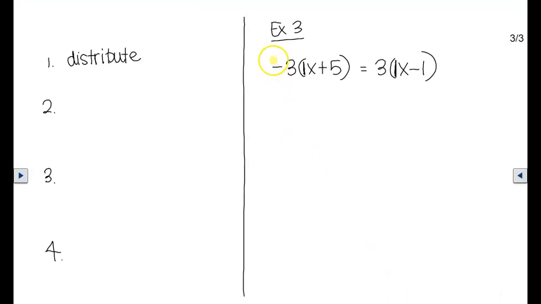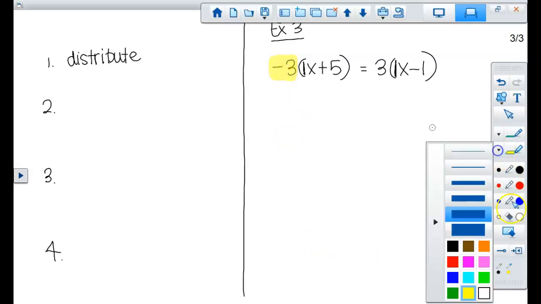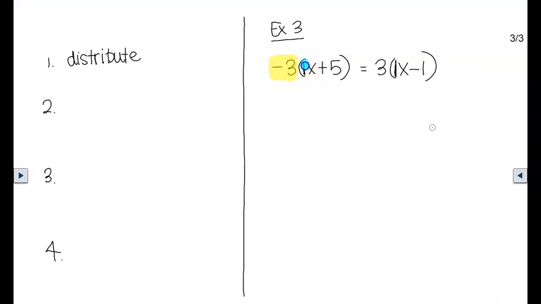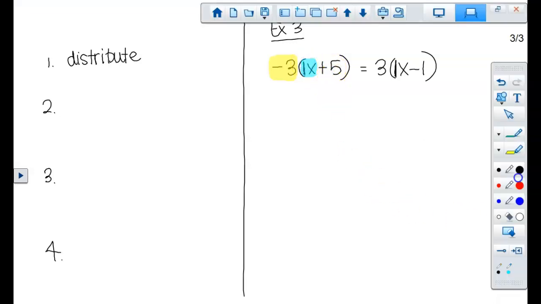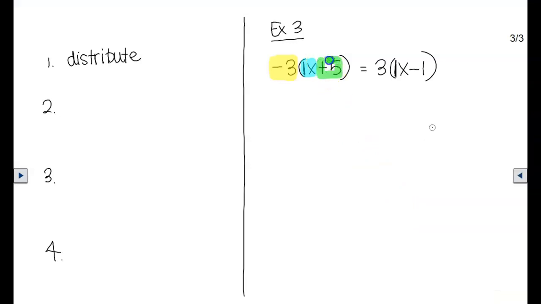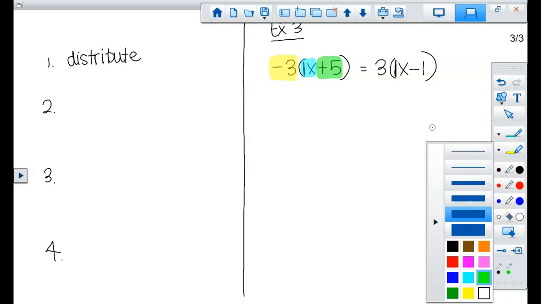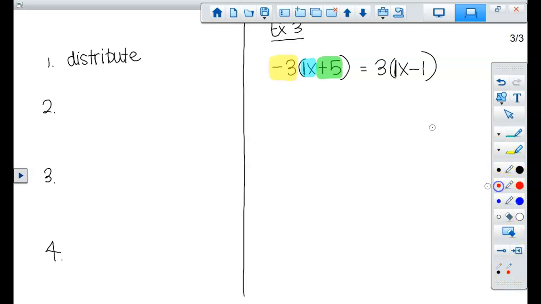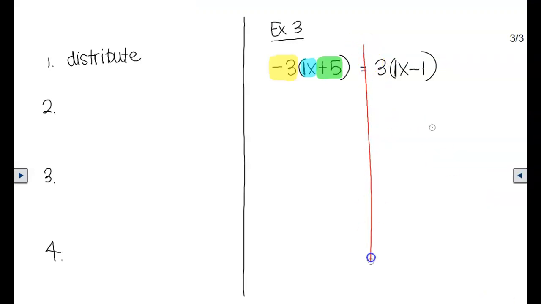So I have the number negative 3 being multiplied by a group that has two members, 1x and positive 5. So that's what I have over here. And then on side 2, oh shoot, you know what I forgot? I forgot my line.